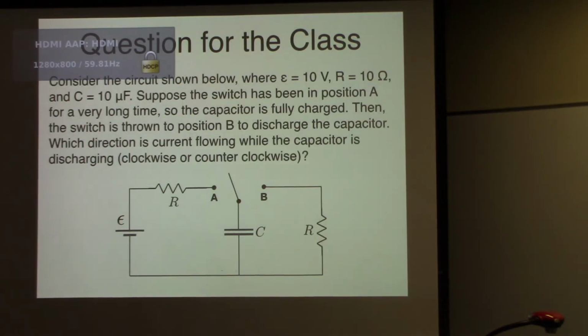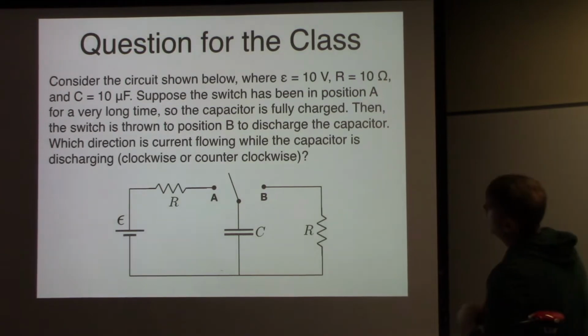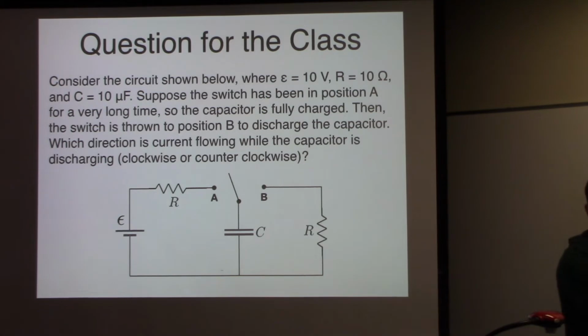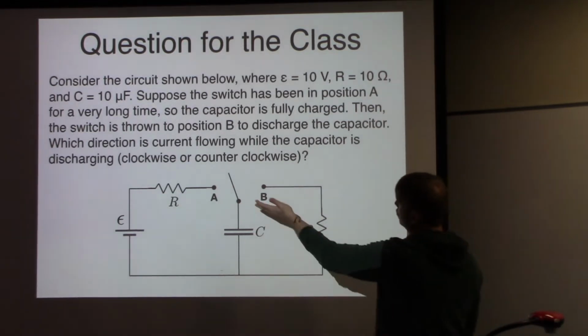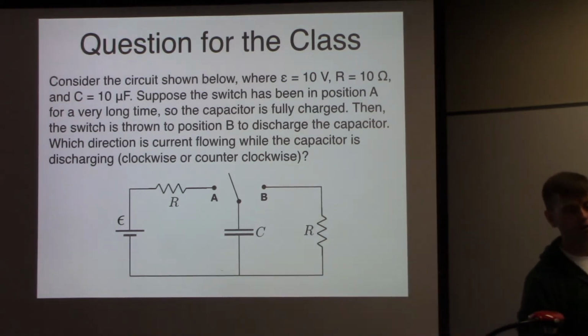Okay, so the next question I'm going to ask you deals with discharging the capacitor. So same exact situation, and we've had the switch in position A for a very, very long time, which means the capacitor is fully charged. But what we're going to do with this fully charged capacitor is flip the switch to position B, which means now we're discharging the capacitor.